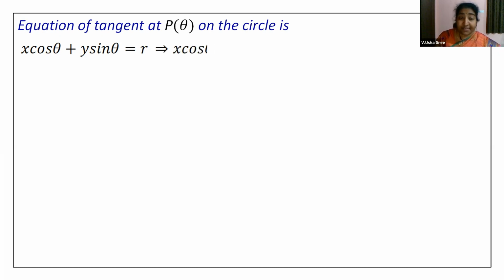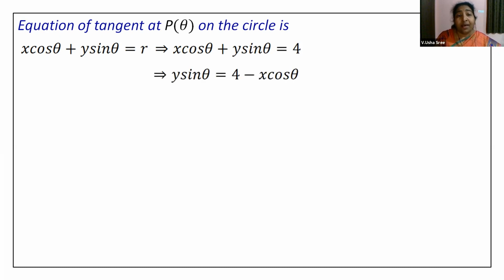Radius is given as 4, so we will replace r with 4. Then we can rewrite the equation as y sin theta is equal to 4 minus x cos theta.